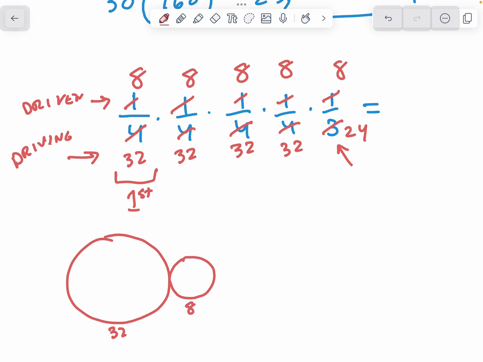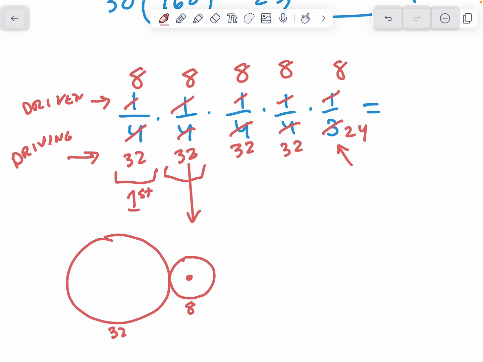Now, because it's a compound gear train, for the next gear set we have our 32 driving an 8 again, but this 32 is going to ride along with that 8.